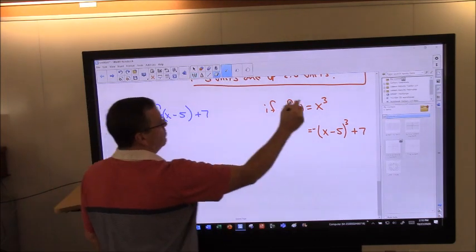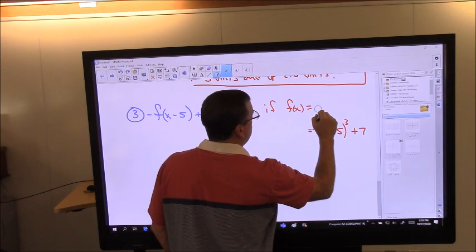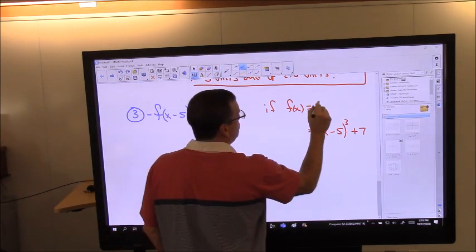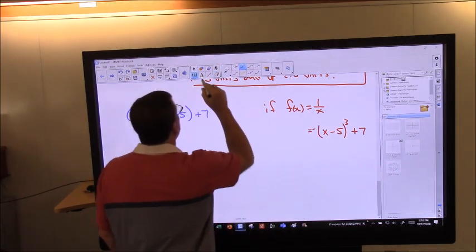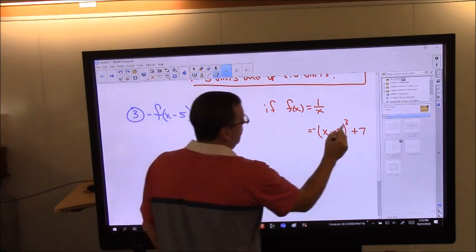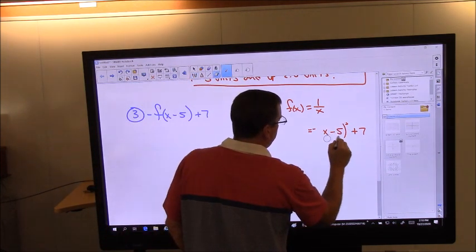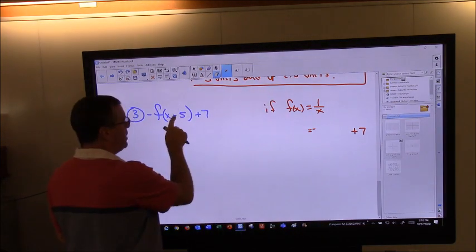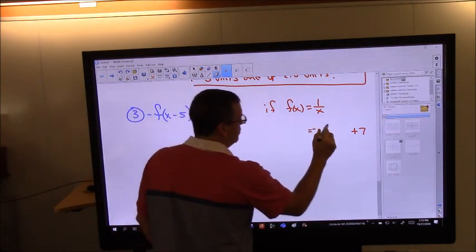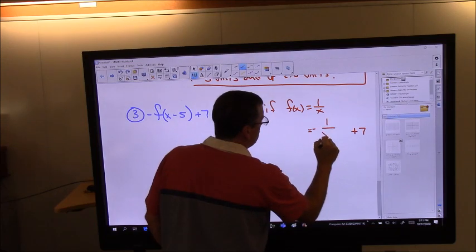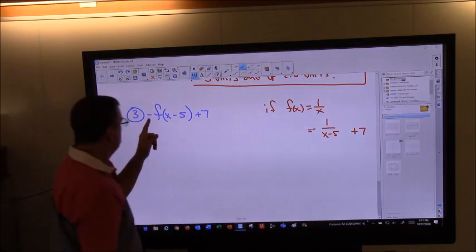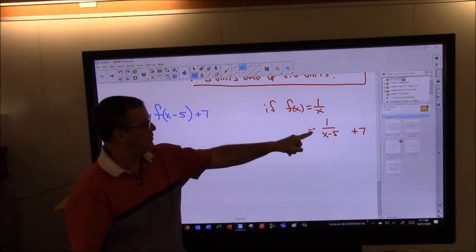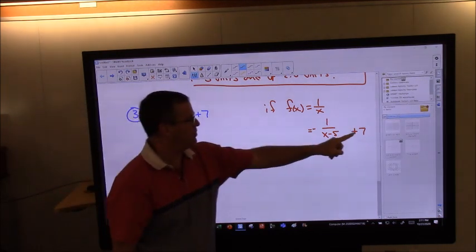You want to change it to something else? Okay, let's call this 1 over x. All right, now what does this look like? Take x minus 5 and put it where the x is. Take the opposite of that, and now add 7 to it.